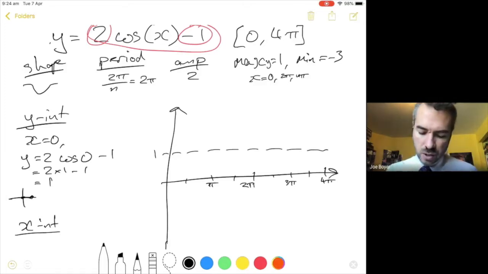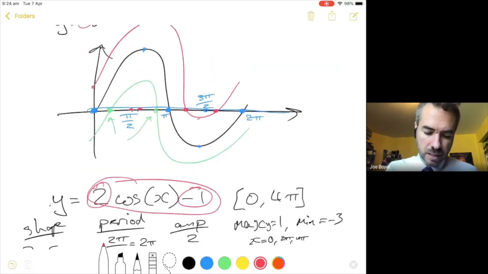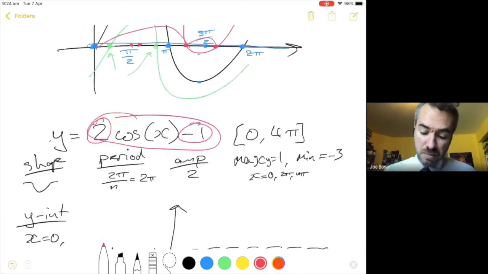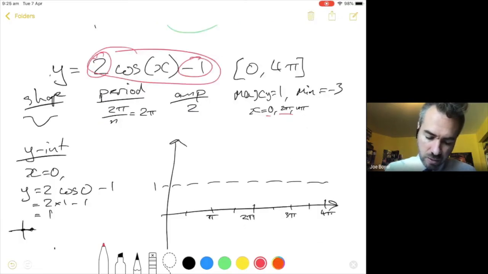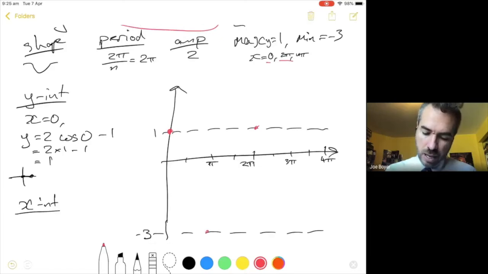And we know that our minimum values, I talked earlier, back here I talked about how we can't make the assumptions that we've got things every quarter. We don't necessarily know that that's going to be a quarter and a quarter. But what we do know still is that the maximums and the minimums must be half a period apart. So thus, if our maximum is going to be at 0 and at 2 pi, then our minimum value has to be between those at pi.